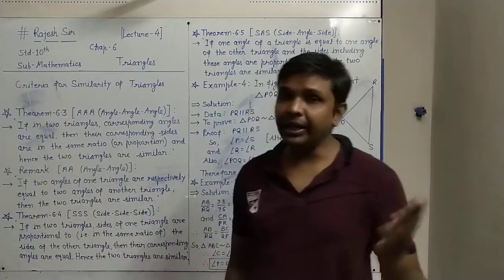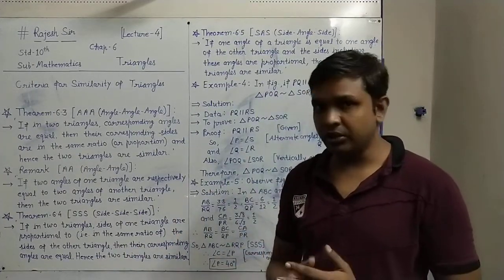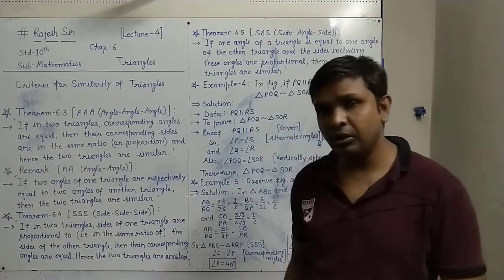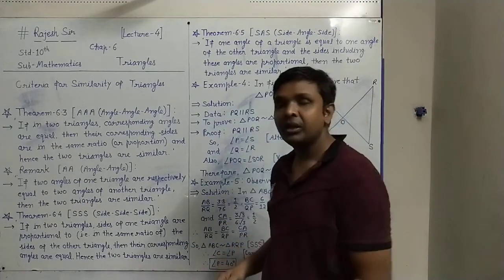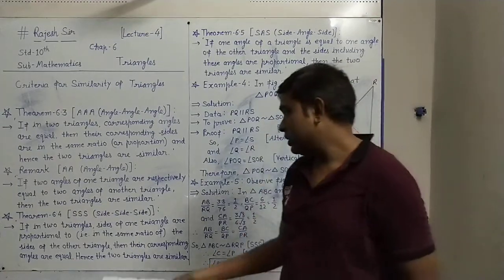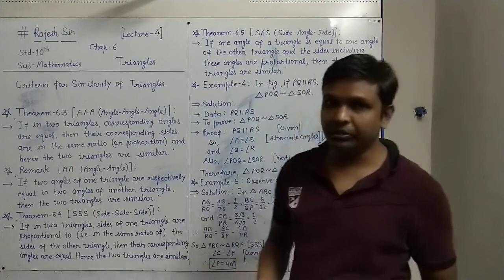In that, if angles are equal, the sides will be in proportion. Here, if all the three sides are given in proportion, then angles will be equal. And if this happens, we will say the two triangles are similar.